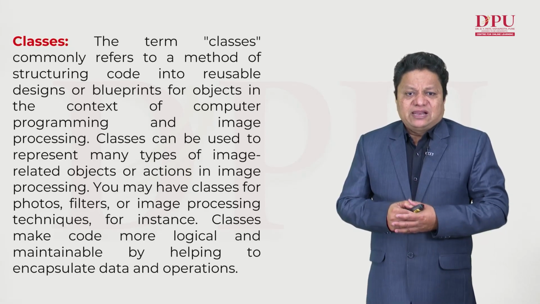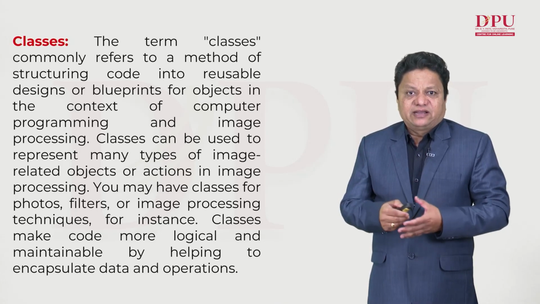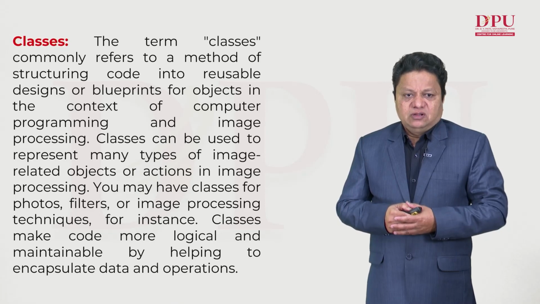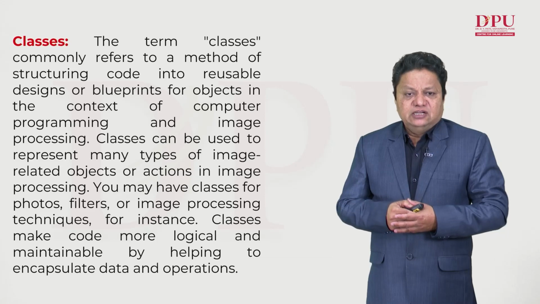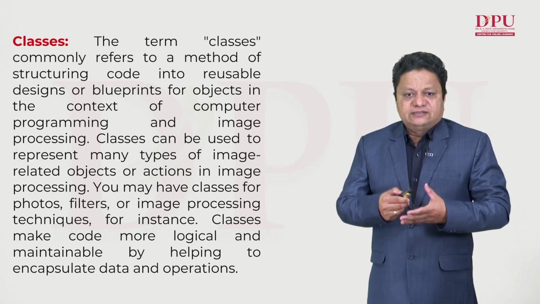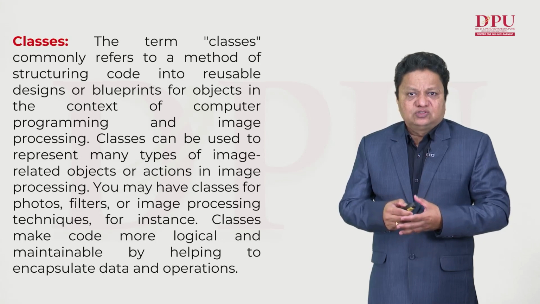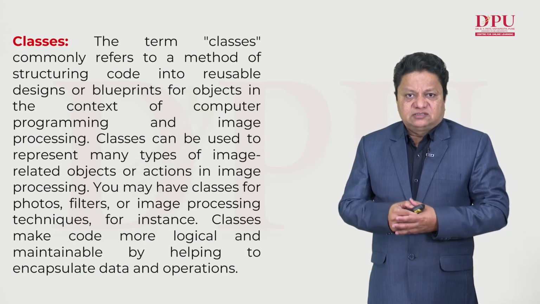So, when we talk about classes, they commonly refer to a method of structuring your code so that it can be reusable. What are the elements of a class? The elements of a class include its objects and its methods, which work on those objects. Classes will make your code more logical and help to maintain it, so that we can use it whenever we require.